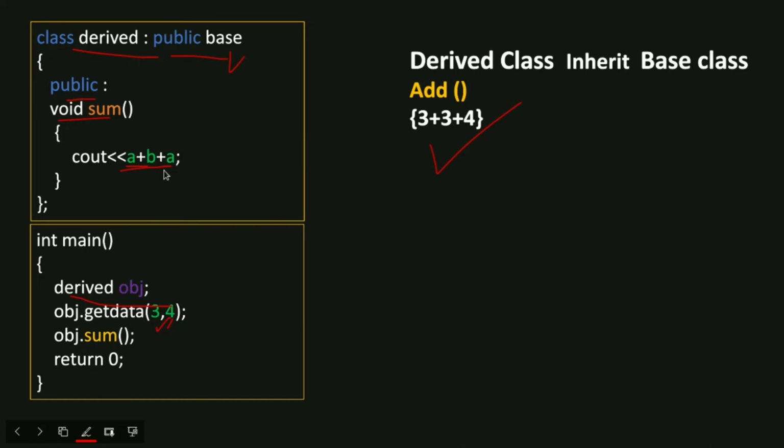We made the derived class object and called sum, and finally we get the output from the function of the derived class. I'm sorry, this will be a, so we will get 3 plus 3 plus 4, or 3 plus 4 plus 3, the same thing. Finally we will get our answer printed as 10. So we will write this program in the compiler and compile it.